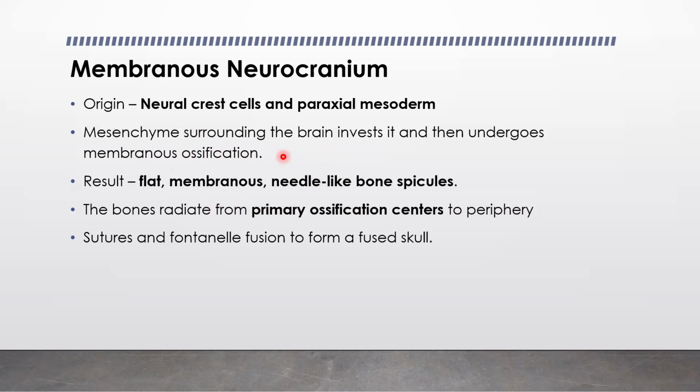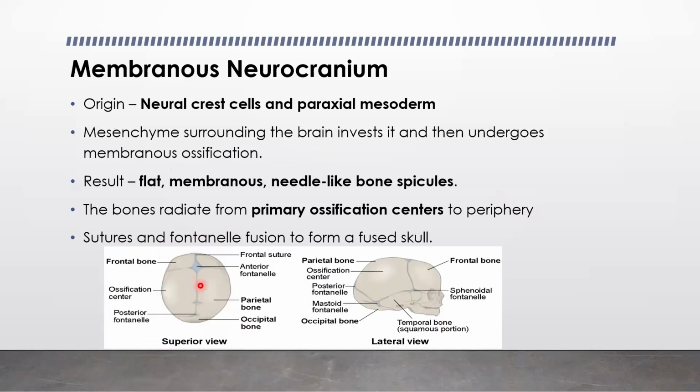And with continued radiation from the primary ossification center to the periphery, you first of all form various bones, and in addition you'll be forming sutures and various fontanelles in between the bones. That's the reason why this slide is here, to show us that this parietal bone and these frontal bones had different primary ossification centers, and in between we had sutures and fontanelles being developed.